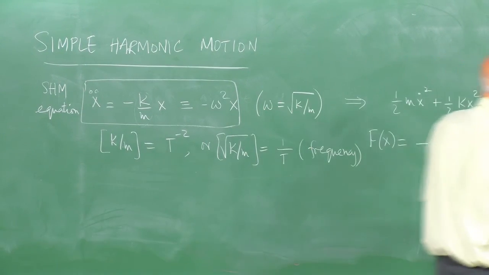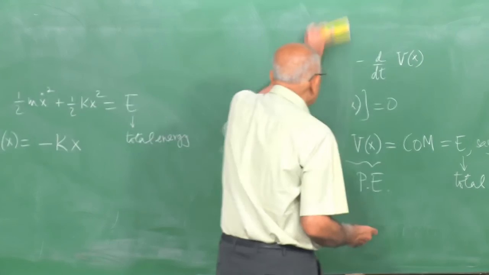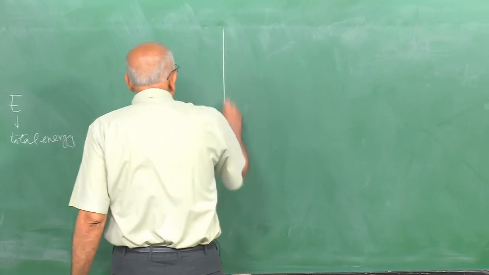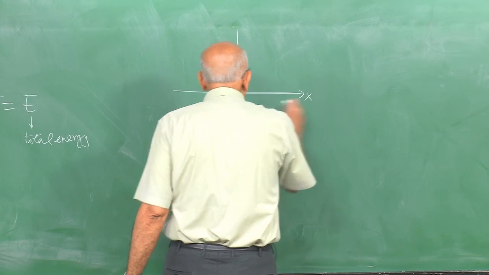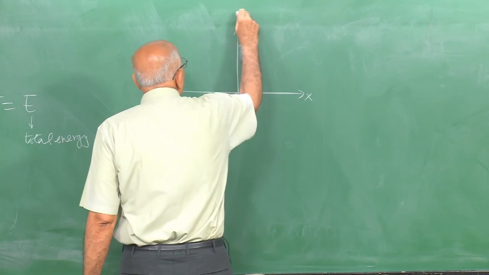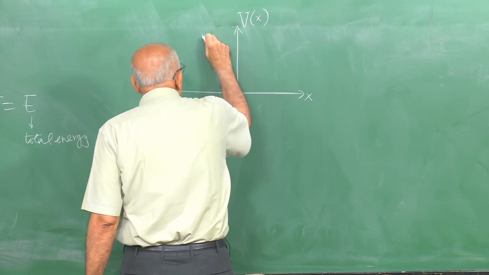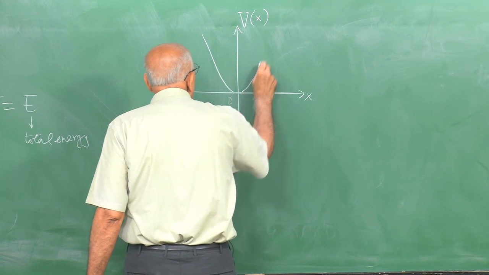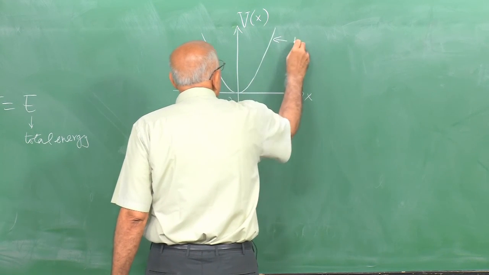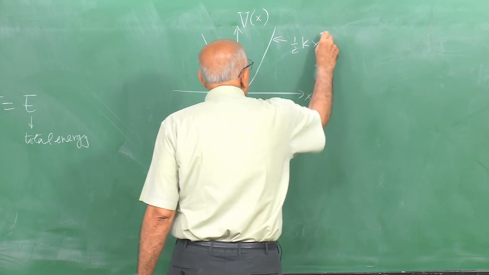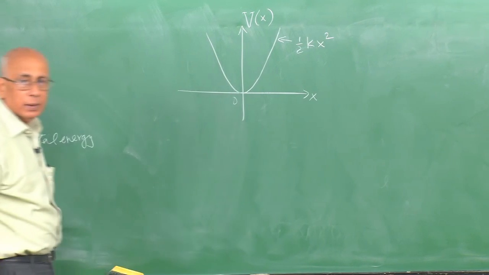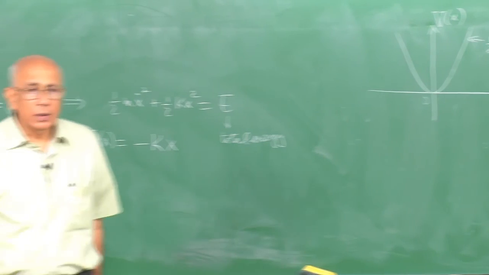In fact, if you plot it, it is very simple. If you plot this potential as a function of x, you have V of x. It is a parabola that passes through the origin in this fashion, with a single minimum at the origin here.